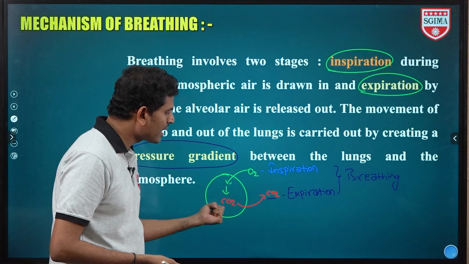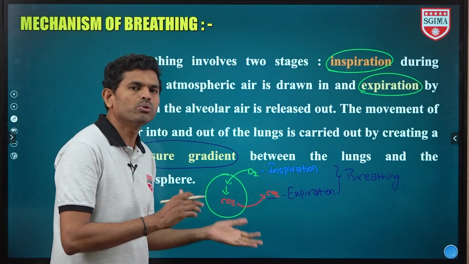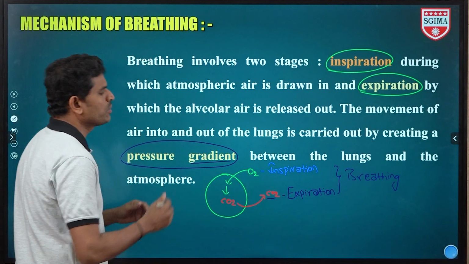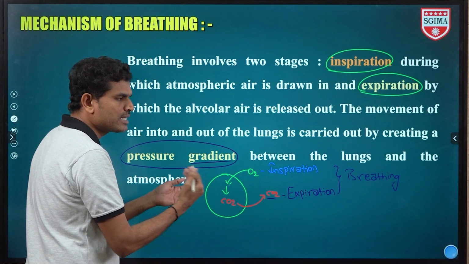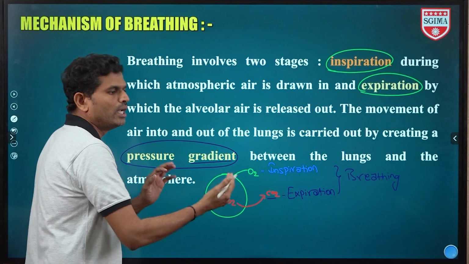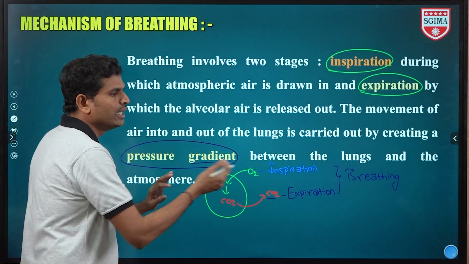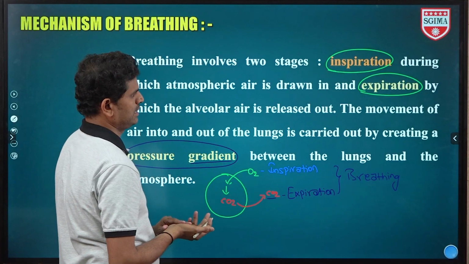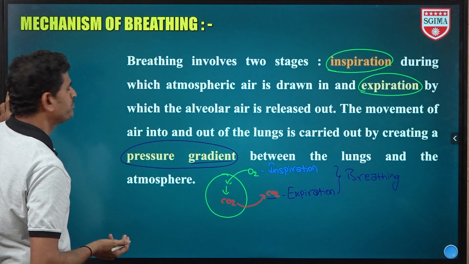How does it come in and go out? Due to pressure gradient. Gradient means nothing but difference. So the pressure outside and the pressure inside, that is the organism's lungs, differ, and due to that only the air exchange will take place. Okay. Now next slide.